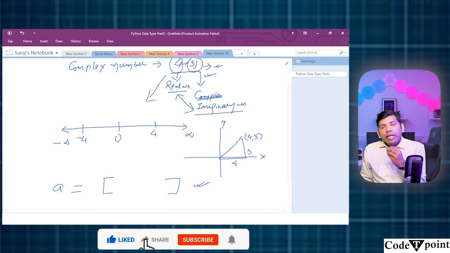It can hold values in the form of homogeneous or heterogeneous. Homogeneous means same data types. Heterogeneous means a combination of multiple data types.